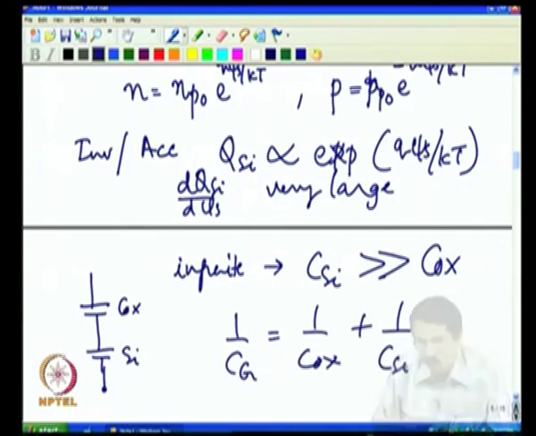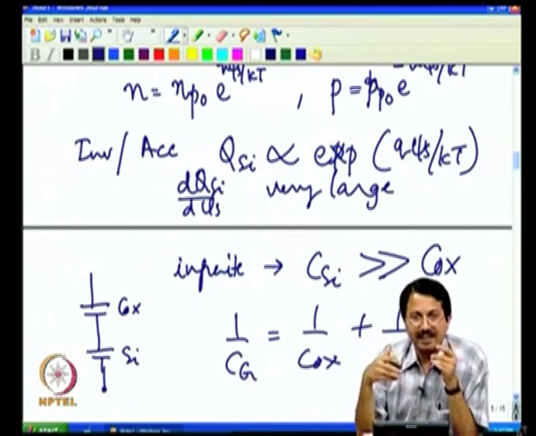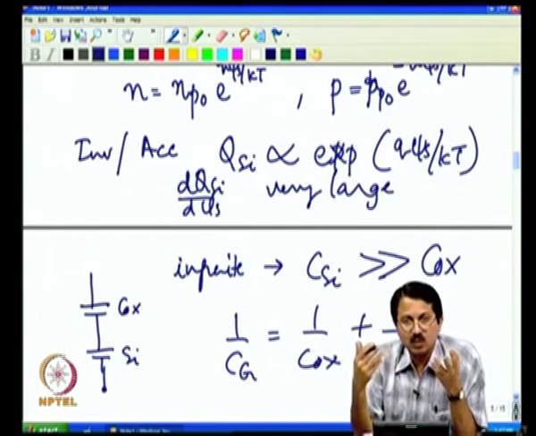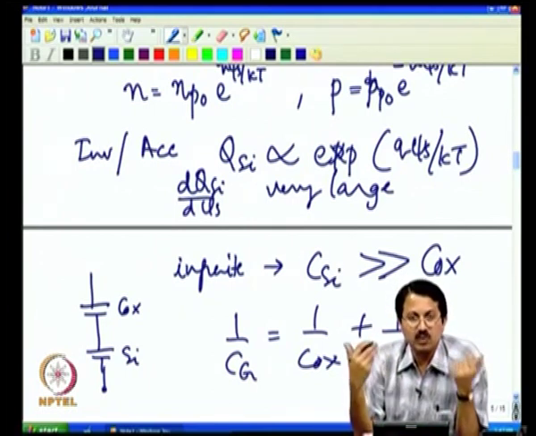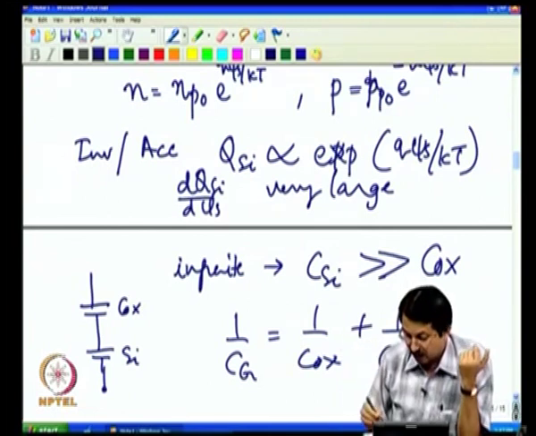When C silicon goes to infinity, your total capacitance is simply the oxide capacitance. So, what this is telling you is that in inversion and in accumulation, if the semiconductor charge is an exponential function of the surface potential psi s, then silicon capacitance is so large that the equivalent capacitance goes to C ox.